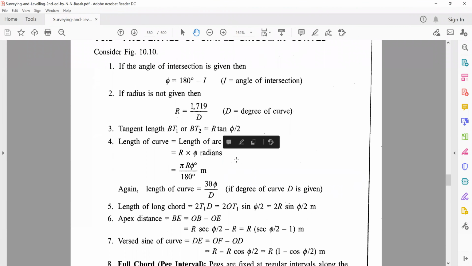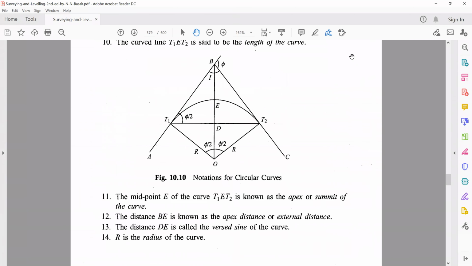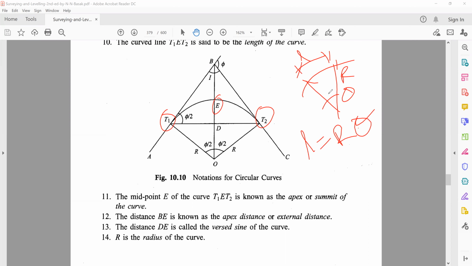Then we have the length of the curve, which is the length of the arc T1 E T2, equal to pi R phi over 180 in meters. So what we are talking about is the total length T1 E T2. If you remember, for an arc with an angle and a radius, the length is equal to R theta.